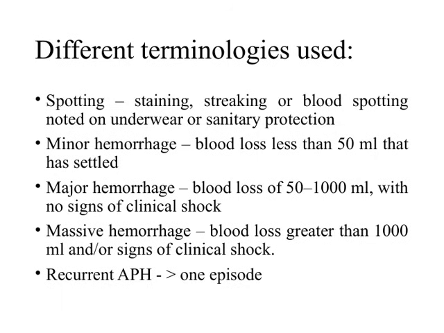Let's go over some of the different terminologies used when discussing bleeding during pregnancy. First, we have spotting, which refers to staining, streaking, or blood spotting that you might notice on underwear or sanitary protection. It's usually light and can sometimes be mistaken for normal discharge, but it's important to pay attention to it. Next, there's minor hemorrhage. This is when the blood loss is less than 50 milliliters and has already settled.